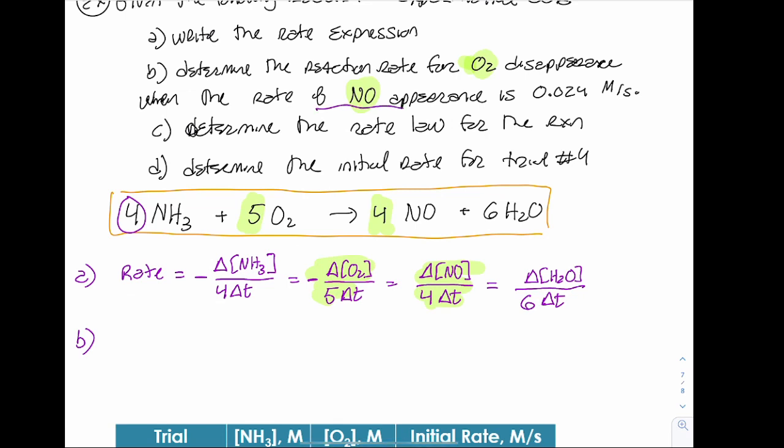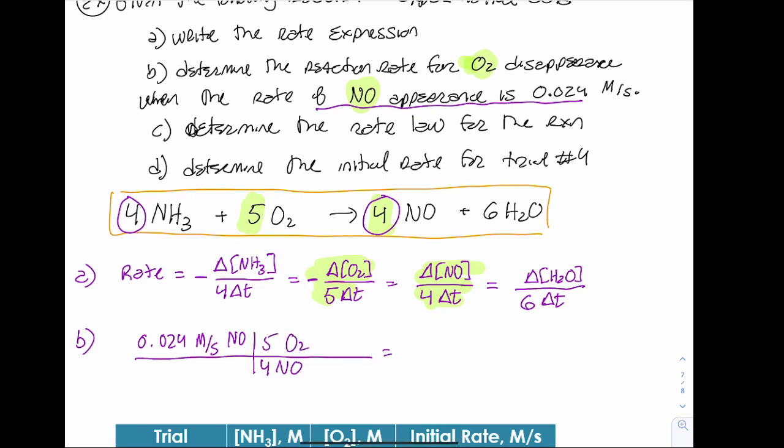So my rate of appearance for NO is 0.024 molar per second, and that's for NO. Looking at my balanced equation, there's 4 nitrogen monoxides for every 5 oxygen.